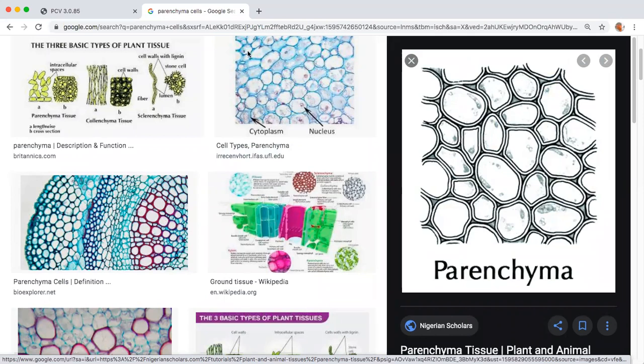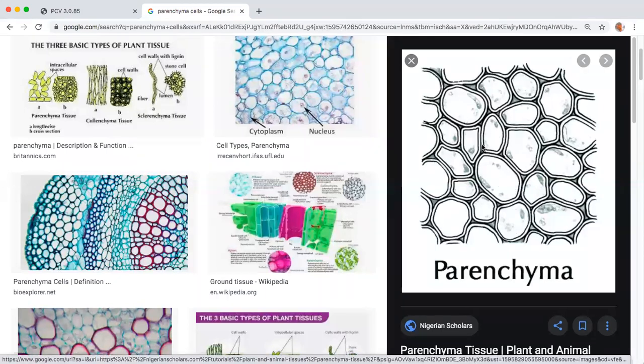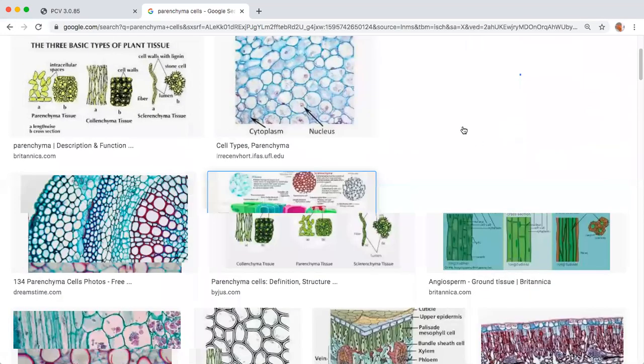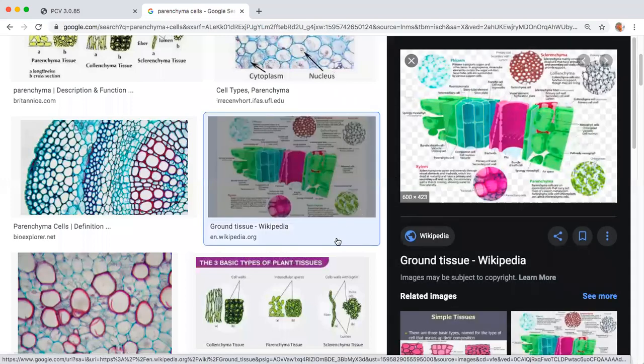So this is how your parenchyma will look like.